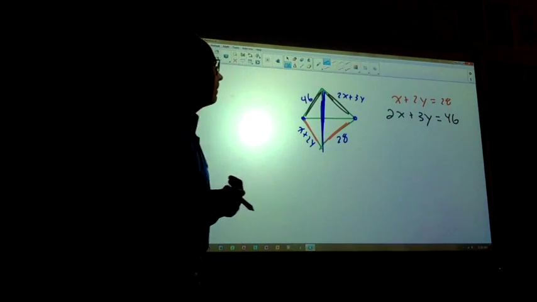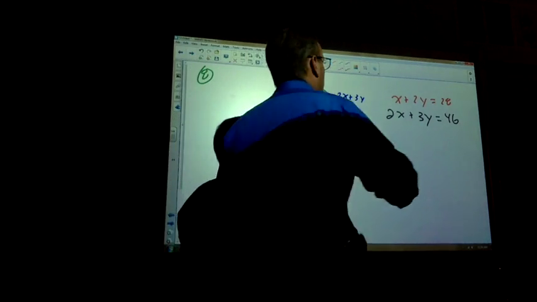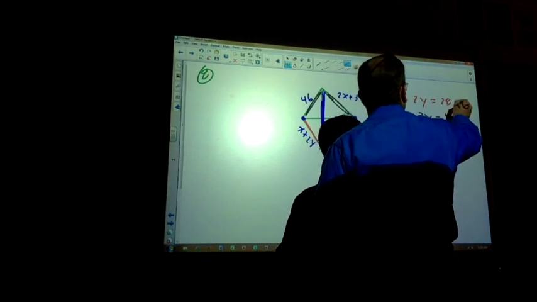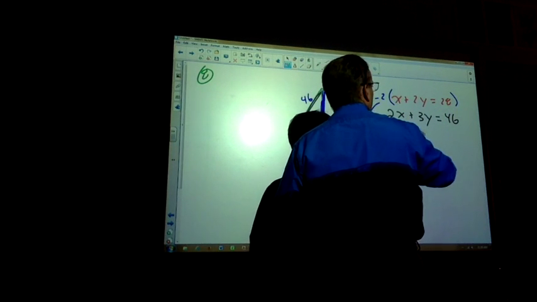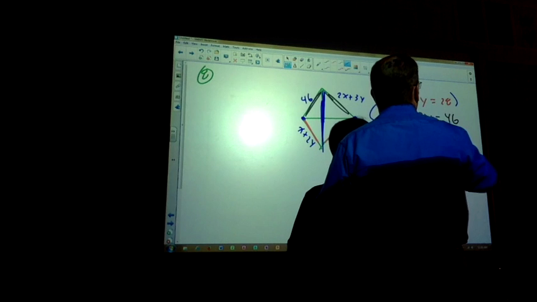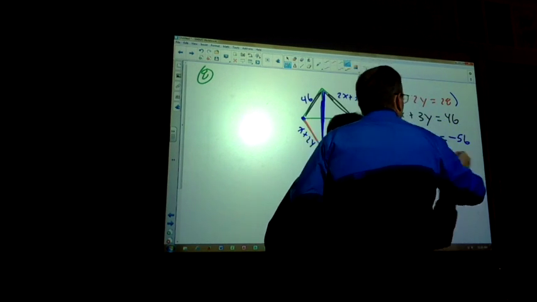So we can use our algebra skills. Let's get rid of x, so I'll multiply everything by 2 here. I get negative 2x minus 4y equals negative 56. Add them up.